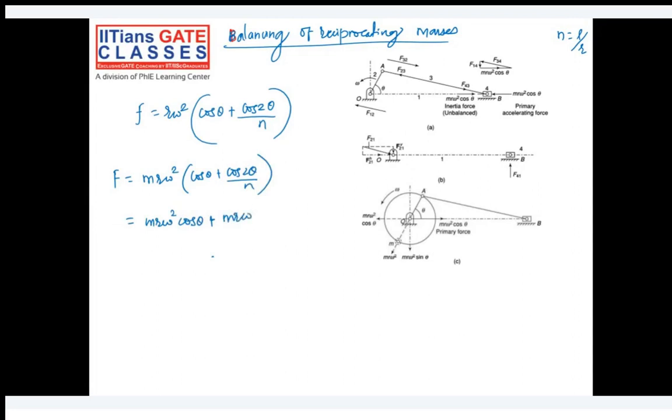Correct? We can write it like this by splitting this bracket into two parts, and this part is called the primary accelerating force, and this part is called the secondary accelerating force.